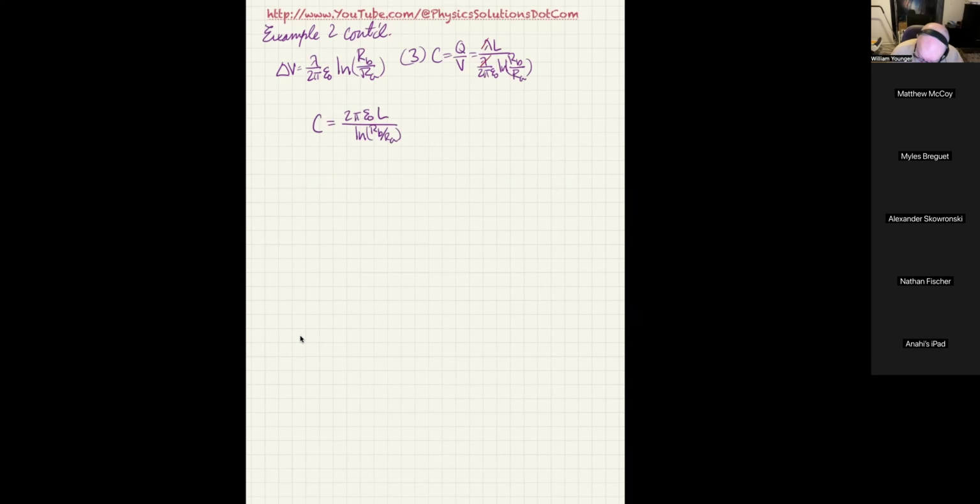Now, I said specifically I wanted the capacitance per unit length, so all I have to do now is divide both sides by L, and I get C over L, which would be measured, for instance, in farads per meter, is now 2 pi epsilon naught over the natural log of RB divided by RA. And that is the capacitance formula for coaxial cable.